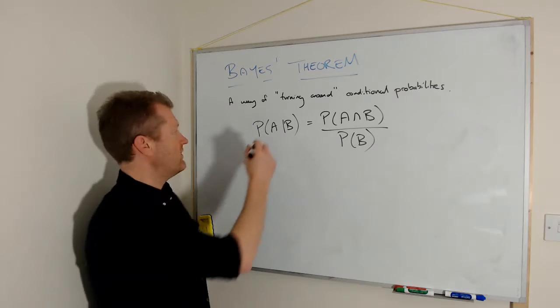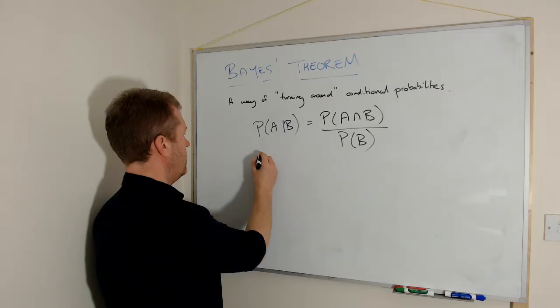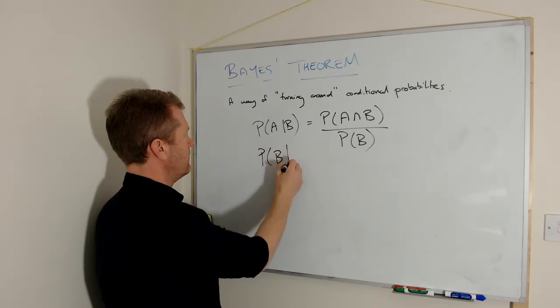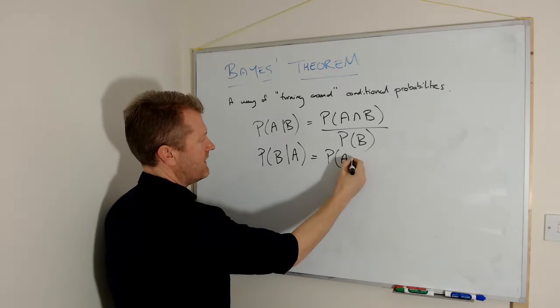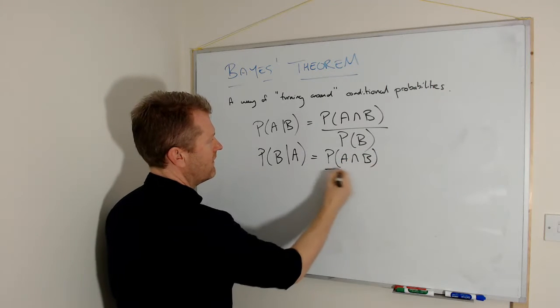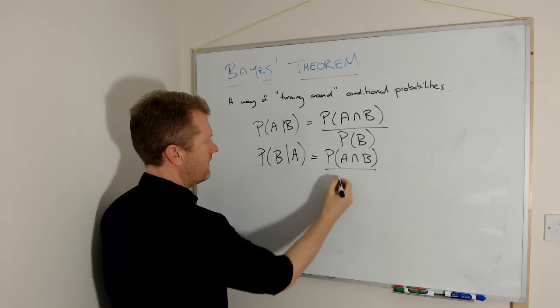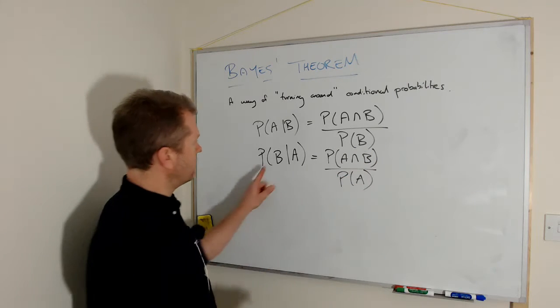There's nothing special about A and B here. I can write this the other way around as well. A intersect B is the same as B intersect A, so probability of B given A is A intersect B over probability of A. It's the same result, just swap B and A round.